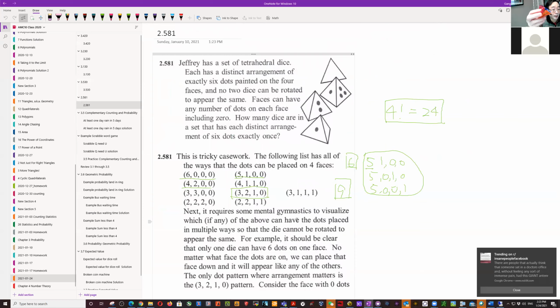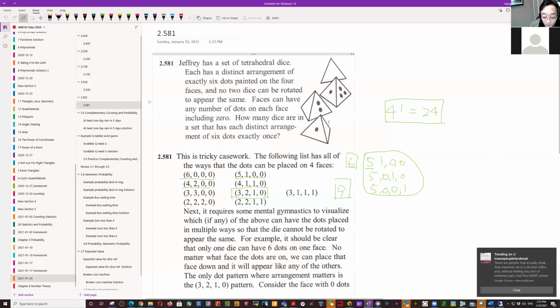If you are able to see, this is a tetrahedron, and this tetrahedron has 4 faces. You are able to put any of the 4 faces down on the table. Then after you put down 1 face on the table, you have 3 ways to rotate it. So the multiplicity of putting this on the table is 12, because it's 4 multiplied by 3: 4 ways to put a face down, and 3 ways to spin it into position.